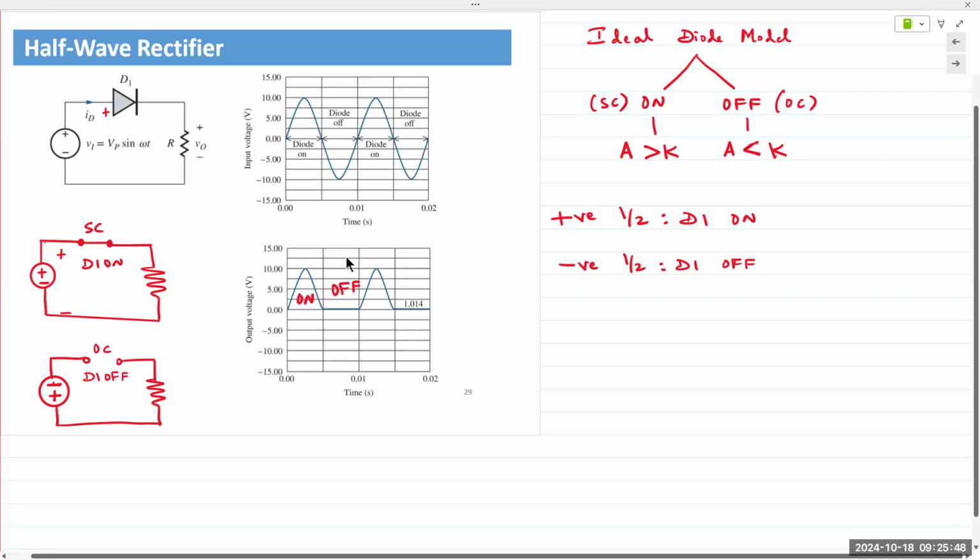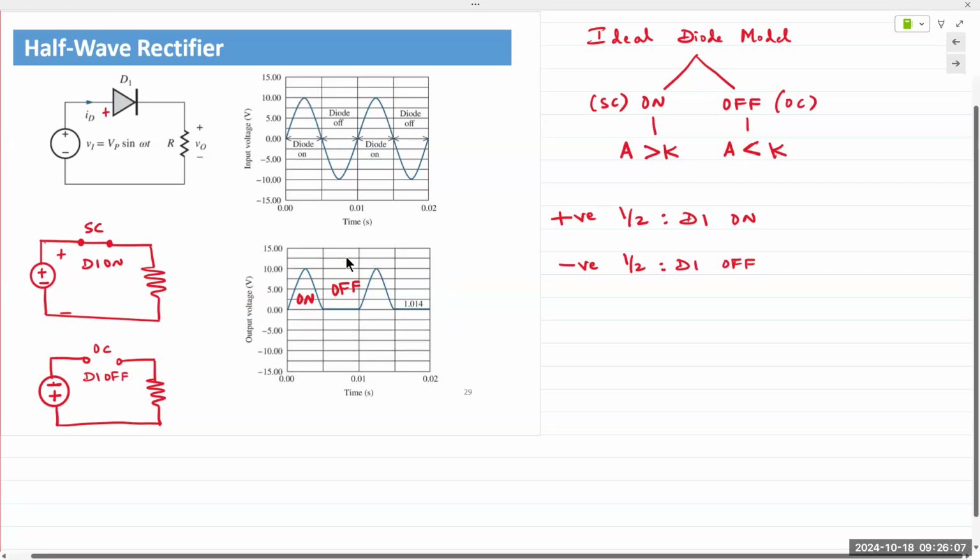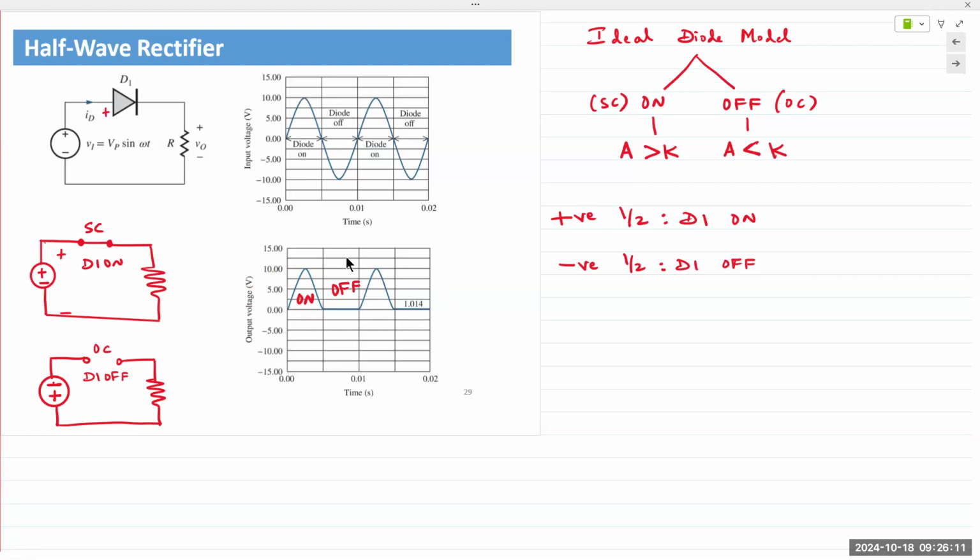And so the waveform that we obtain looks like this. Two peaks and a trough of 0. Make sense? Now, the question would be, isn't it still time varying? How is this DC? And you'd be correct.